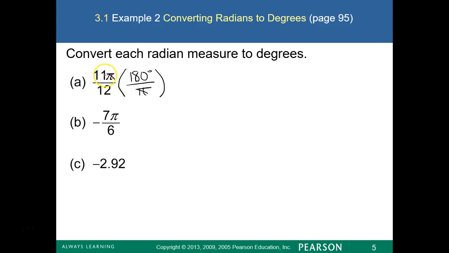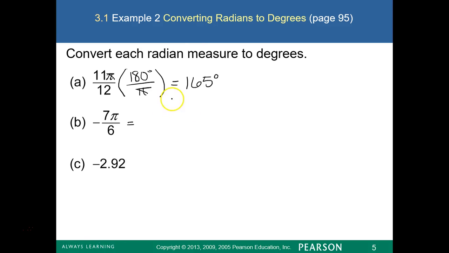Then we multiply 11/12 times 180, and we get 165 degrees. Make sure you put degrees on something when it's a degree measurement. Otherwise, I will understand that you meant radians, and you will get counted off.